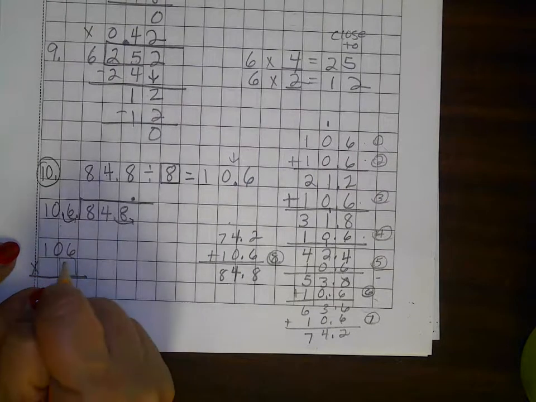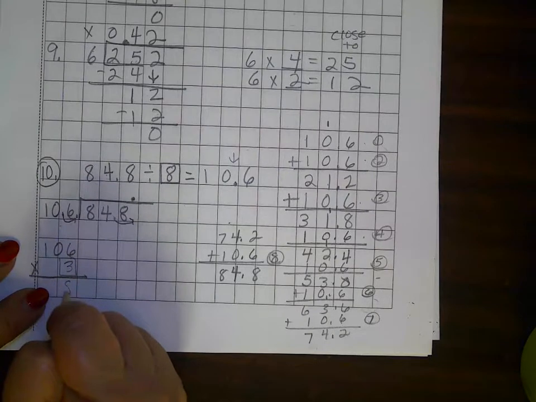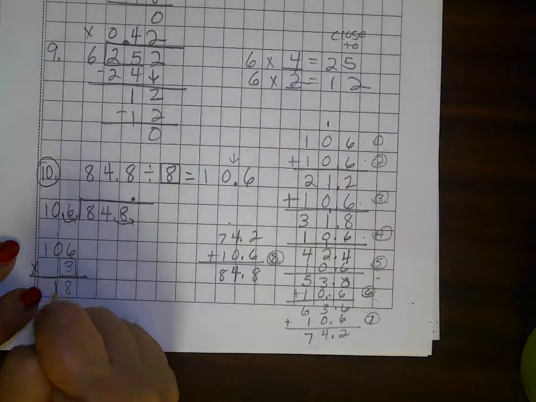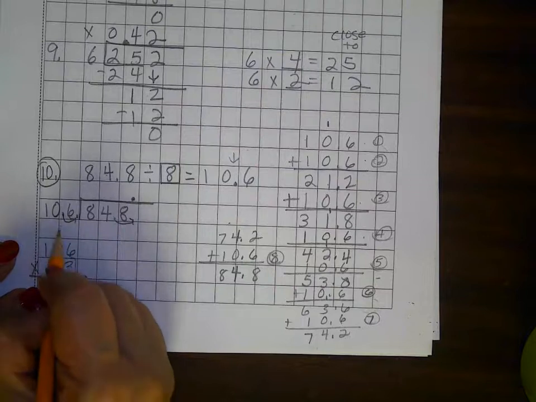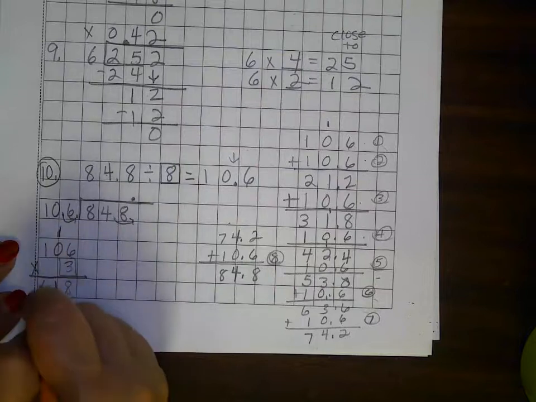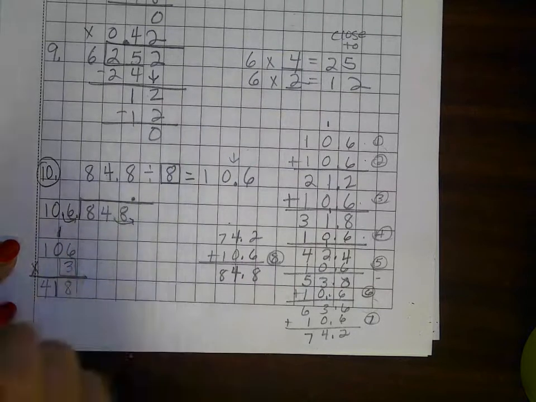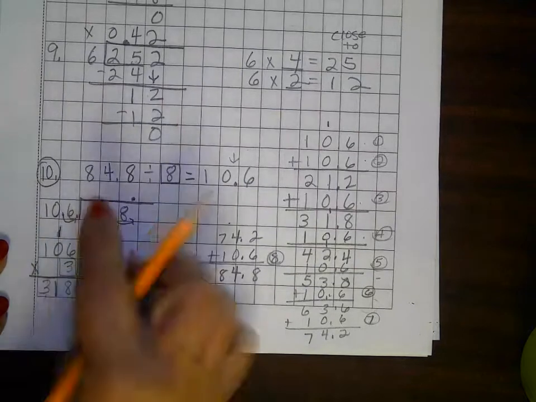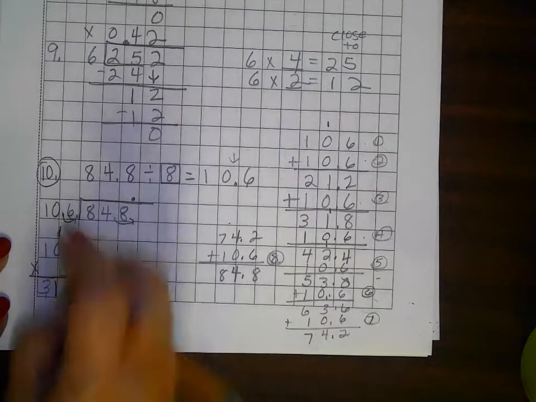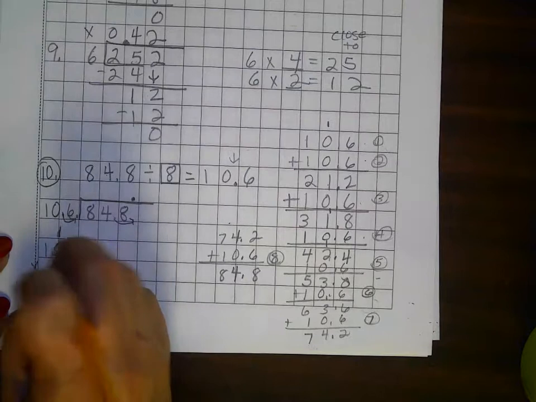So I had some kids say it was 3, because that's true, it's 18. But this will bring the 1 down because 3 times 0 is 0 plus 1 is 1. And it won't give you what you need because, oops, it's not 4, it's 3. It's only 318. I need 848. So that doesn't work.